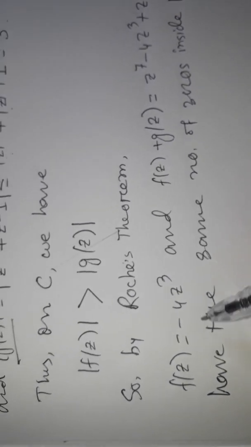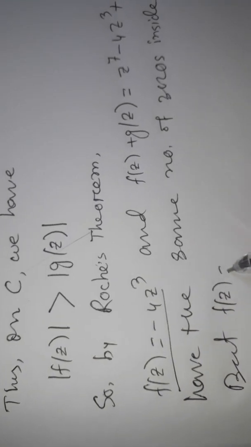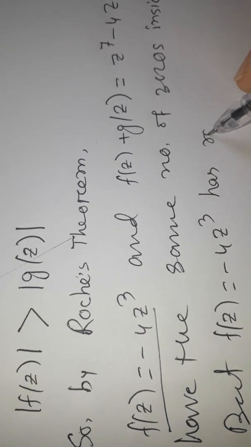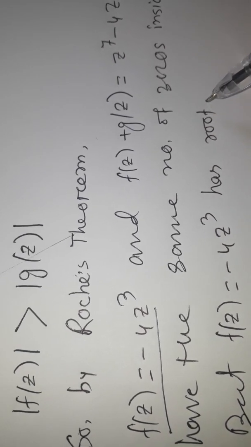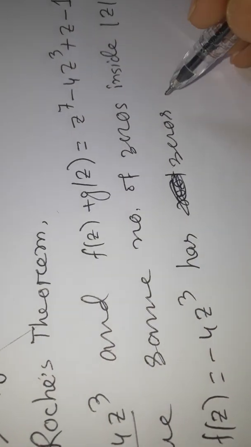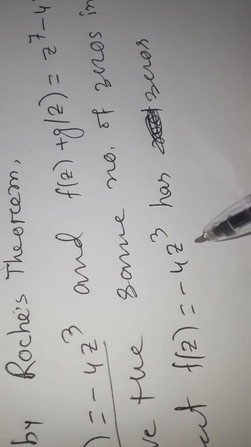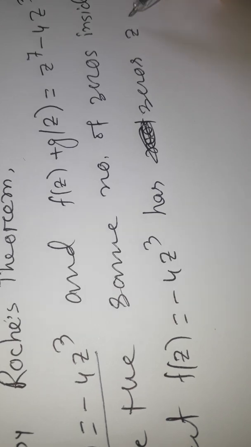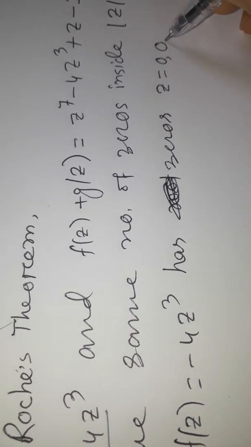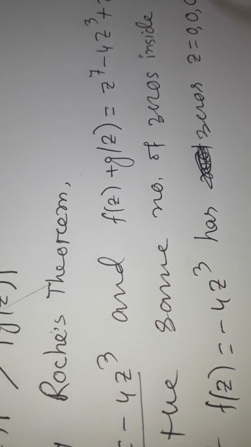But I know that f(z) equal to minus 4z cube has zeros. How many zeros? The zeros are given by f(z) equal to 0, and that is z equal to 0. We have to count the multiplicities: 0, 0, 0. So that is 3.